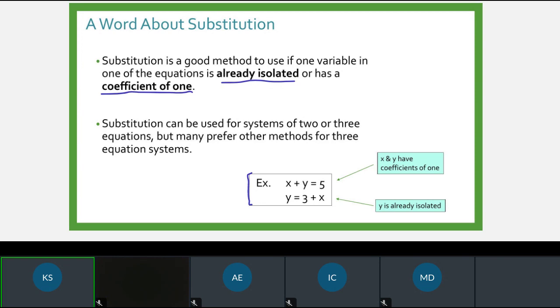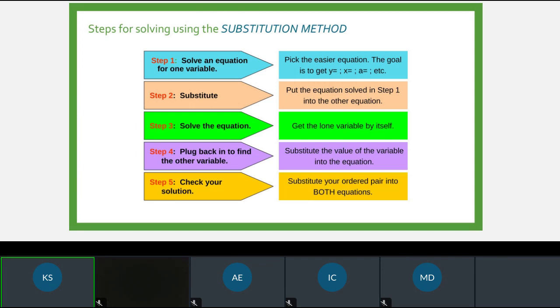We can use substitution for systems of 2 or 3 equations, but usually when we get to 3 equations in a system, we'll use a different method. But for now, we're going to look at substitution with 2 equations. So here are some steps.